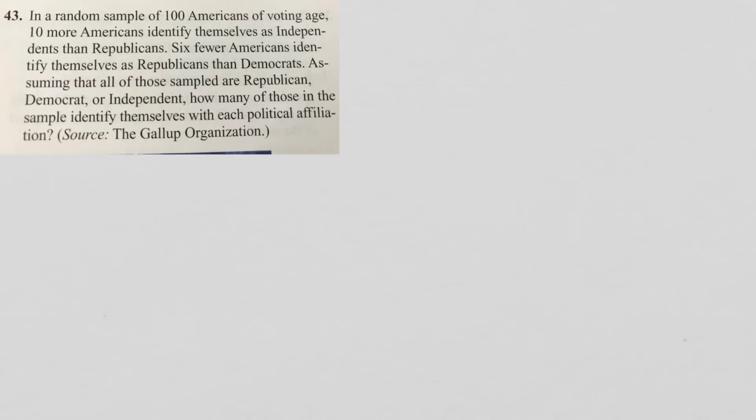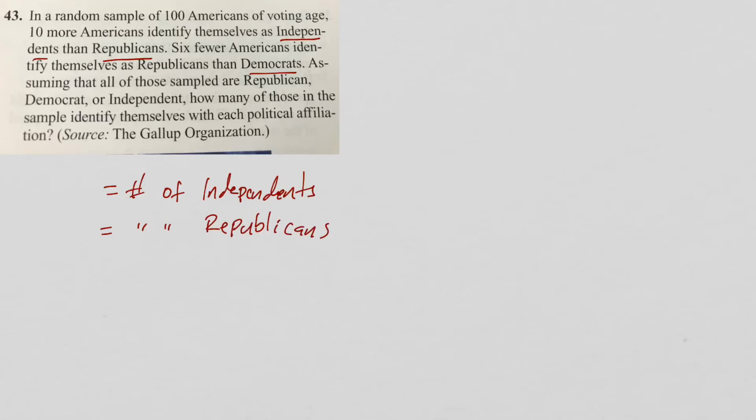Okay, let's start with the right-hand side of the heading. We have independents, Republicans, and Democrats. So let's start there. Equals number of independents, Republicans, and Democrats.